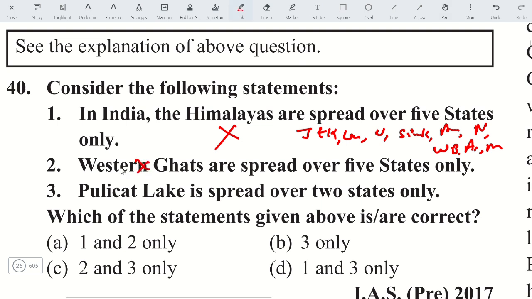This one is also wrong because the Western Ghat passes through Gujarat, Maharashtra, then Goa, Karnataka, Kerala and Tamil Nadu. It is 6 states. Then this one is also wrong. Pulicat Lake is spread over 2 states. Yes, it is between Andhra Pradesh and Tamil Nadu. Then C is correct. Third statement is correct. Then the option will be D.